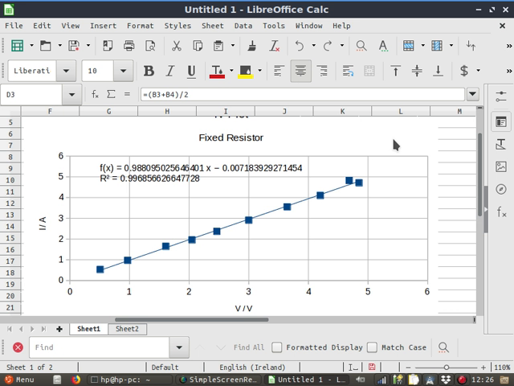V over V. Find this one. So D2 and equal. Bracket.